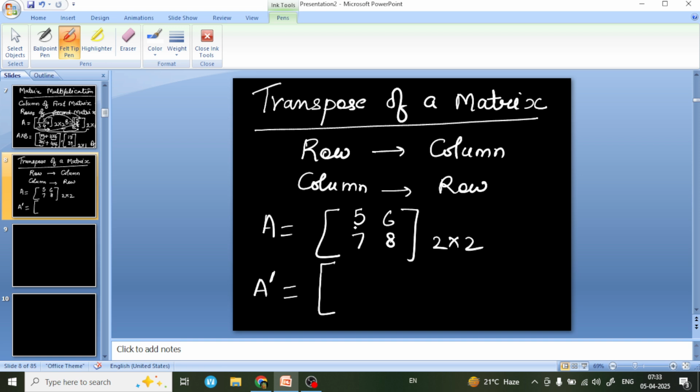The first row converts into the first column: 5, 6 is the first row and this is column 1. Row 1 changes into column 1, and now row 2 changes into column 2: 7, 8. This is known as the transpose of a matrix.